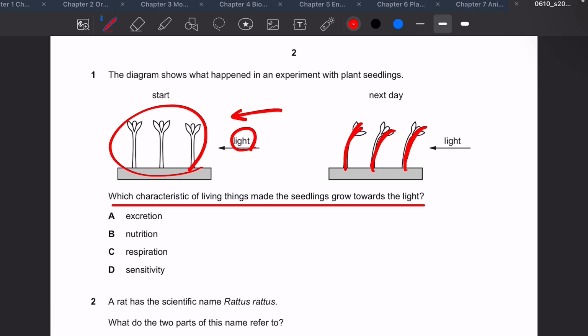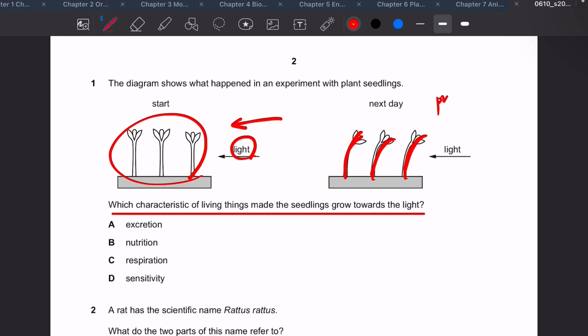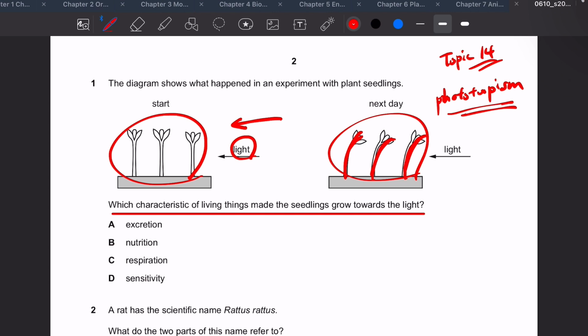This phenomenon is called phototropism, which comes in topic 14. However, this question is rather simple. What are these plants doing? It's basically sensing the light as a stimulus and making a response.